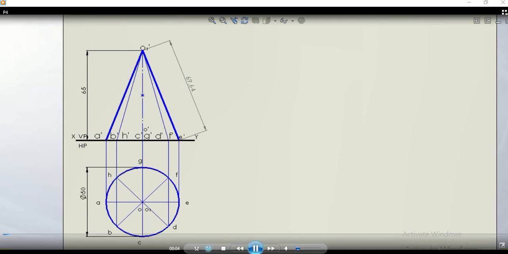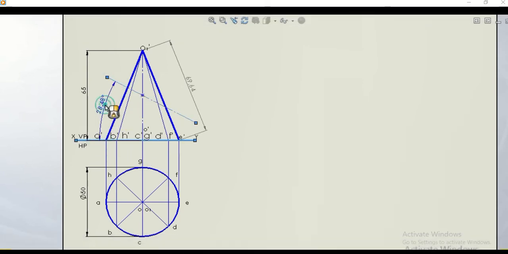Now after drawing these things, draw the cutting plane first. Either the cutting plane may be passing from right to left or from left to right. You can take any direction, but the cutting plane should pass through the mid height, and it is making an angle of 45 degrees with HP.